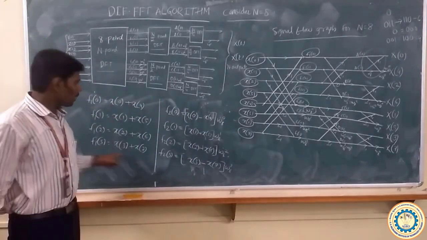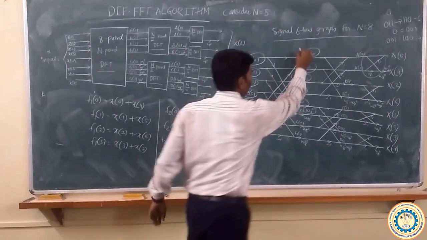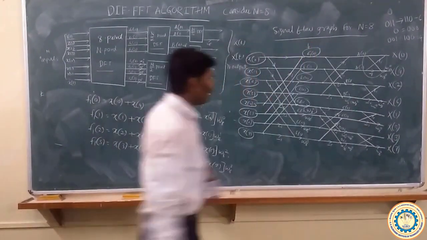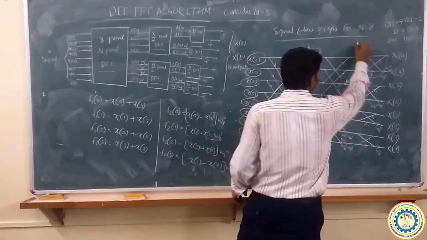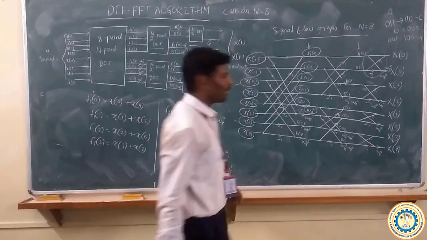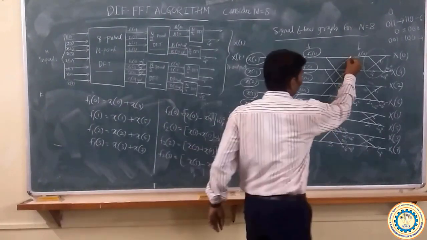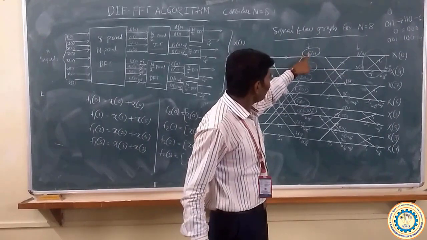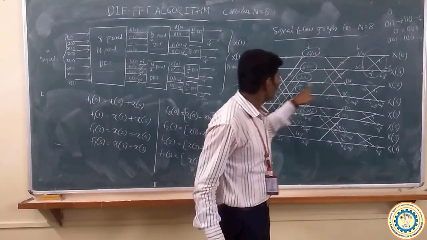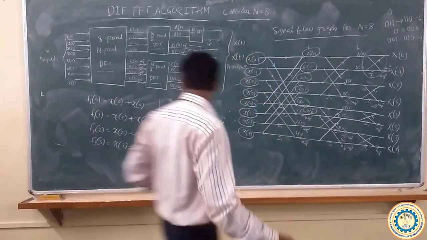So these are the output expressions at the output of the first stage. Now let us find the output expression after the second stage, that is a of 0. For a of 0, one input is f1 of 0, another input is f1 of 2. So these two will be added.